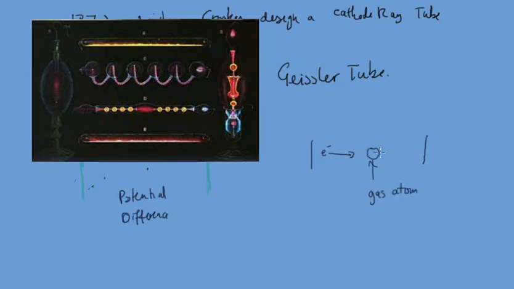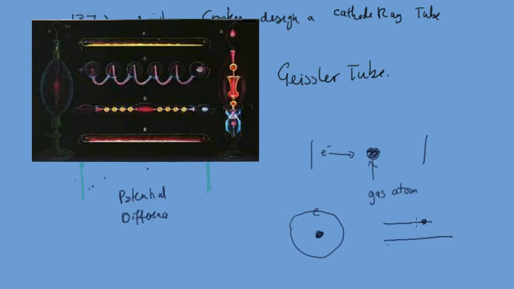And what these collisions cause is within, so here's your nucleus, and you've got the electrons going round your gas atom. As the electrons collide with these atoms, the electrons are in different distinct energy levels.